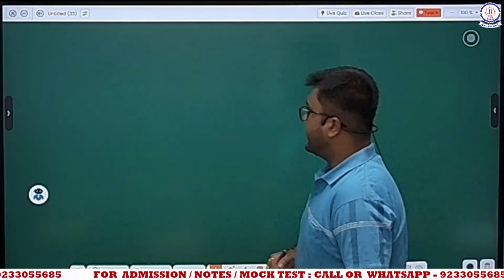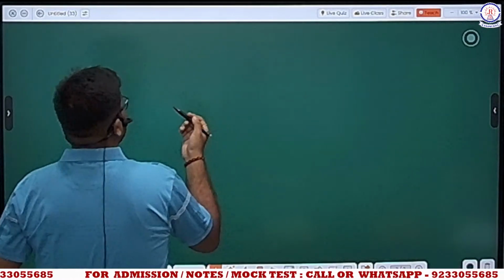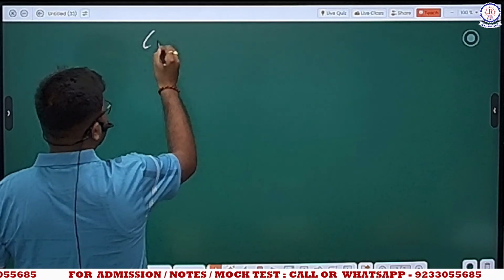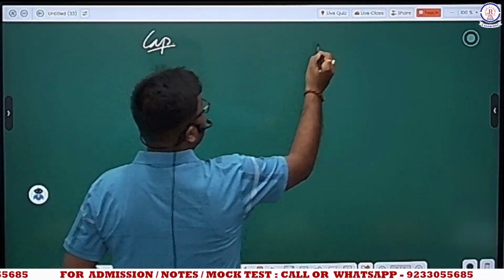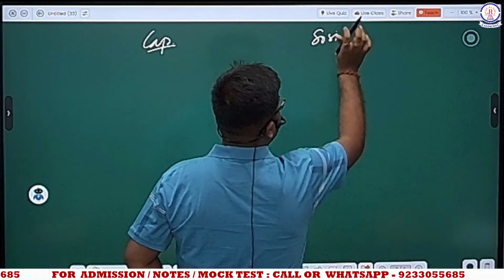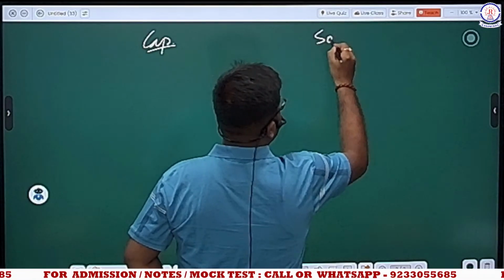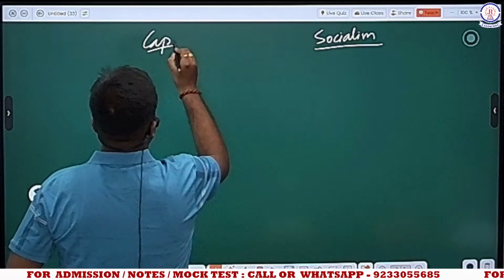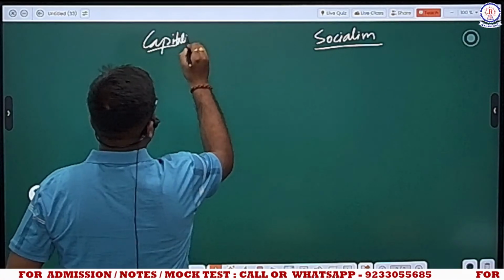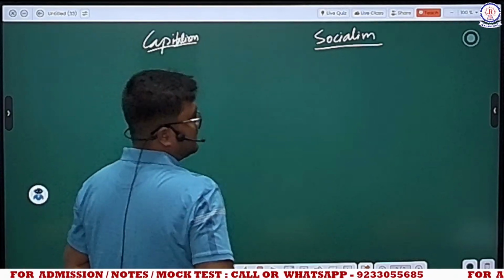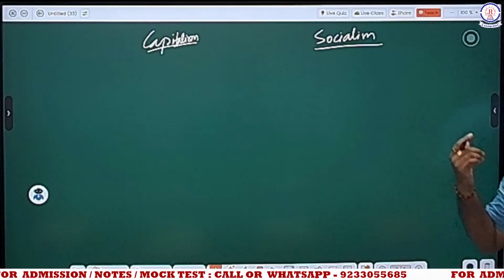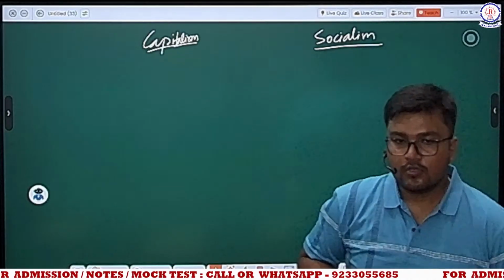At that time, these were the two options for India, that is capitalism and socialism. So can you guess which economic system of the two India adopted?